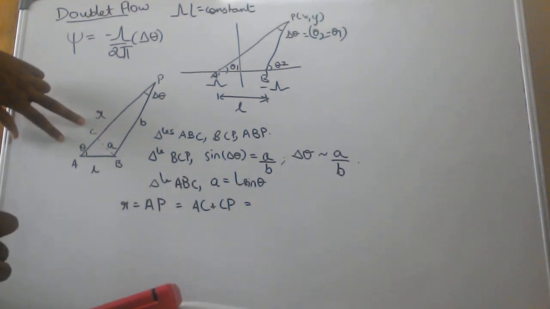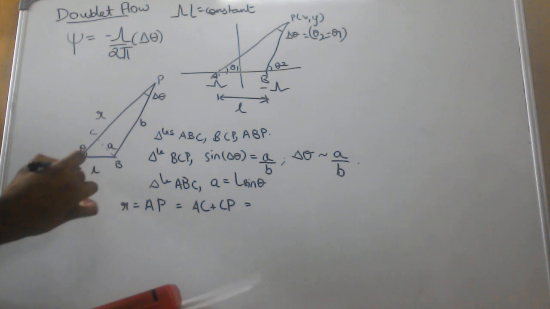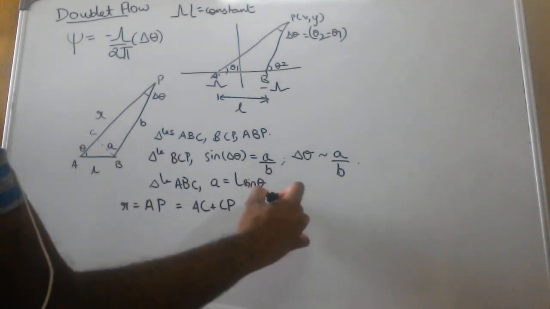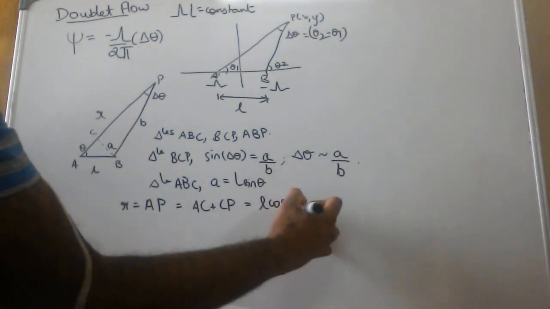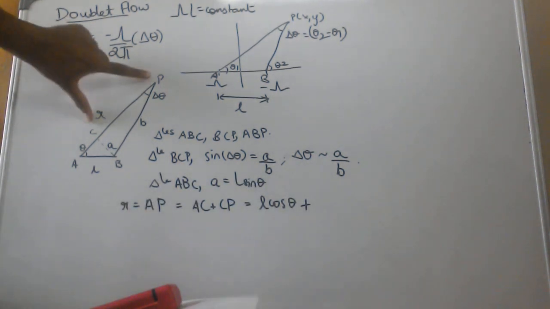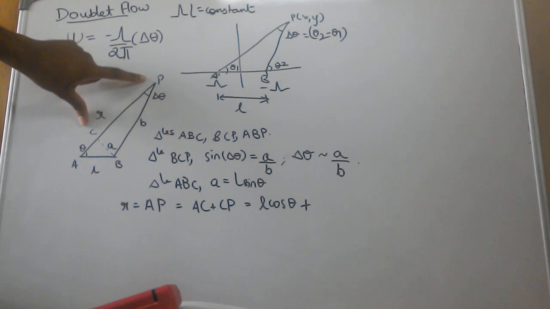AC from the triangle ABC is L cos theta, right? This is AC and this is L and that's theta. So AC is L cos theta plus CP. CP comes from the triangle BCP and can be written in terms of B as B cos of delta theta.